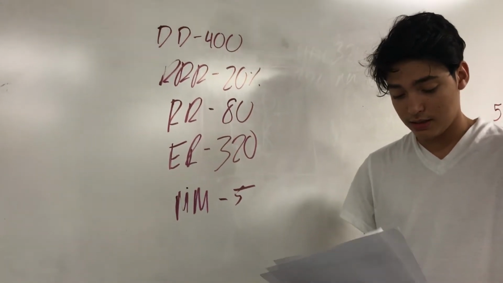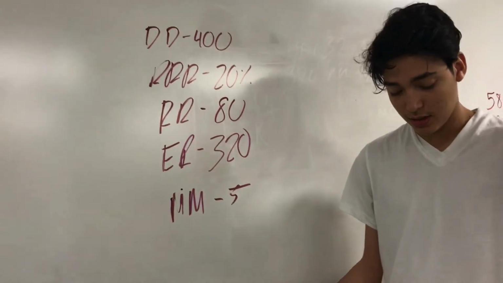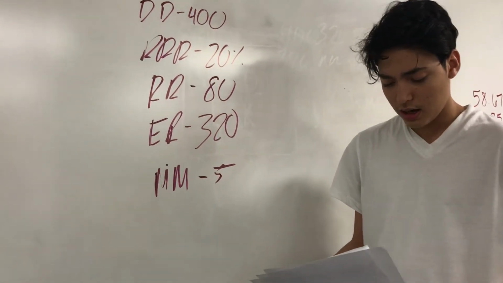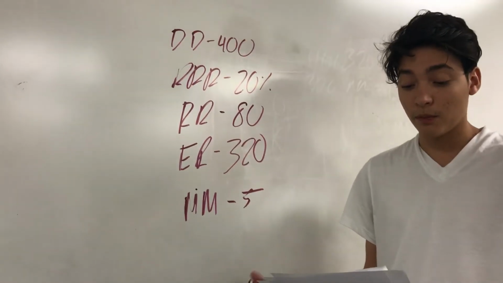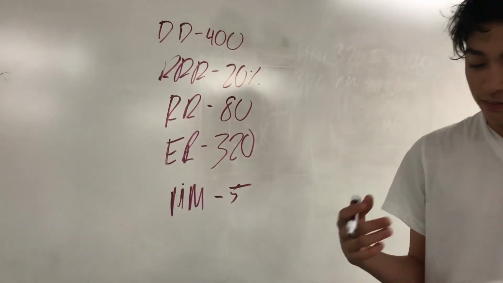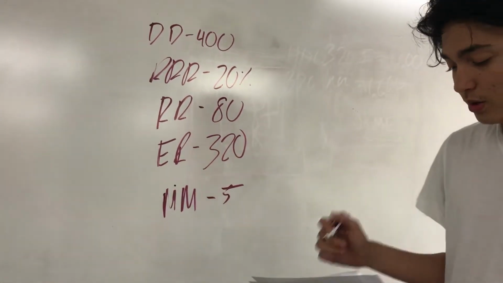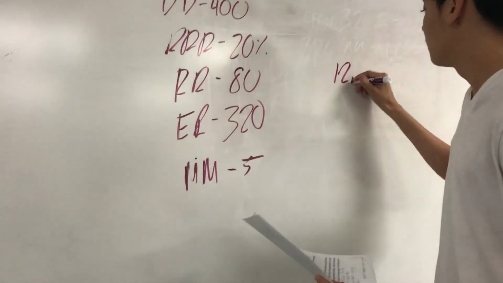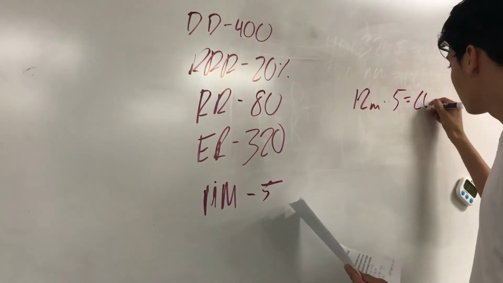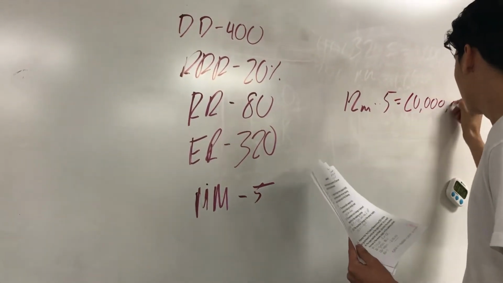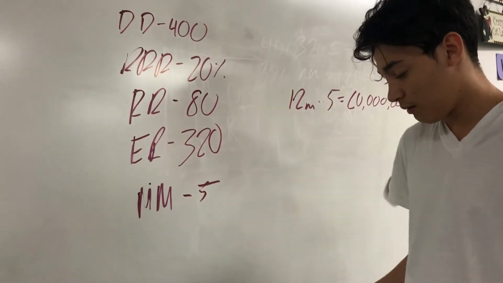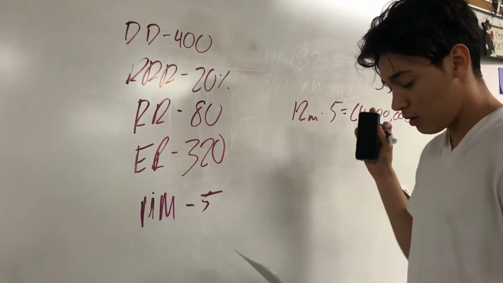Don't forget that, because what I used to do in high school with my teacher is I would go the long route and try to find the RR and the ER, and I'd end up doing what you're supposed to do in problem 2, and that's not how it's supposed to be done. It's supposed to be done like problem 3B, where all we do is multiply the 12 million times our money multiplier, still being 5, and that equals 60 million. So that is our answer for problem C.